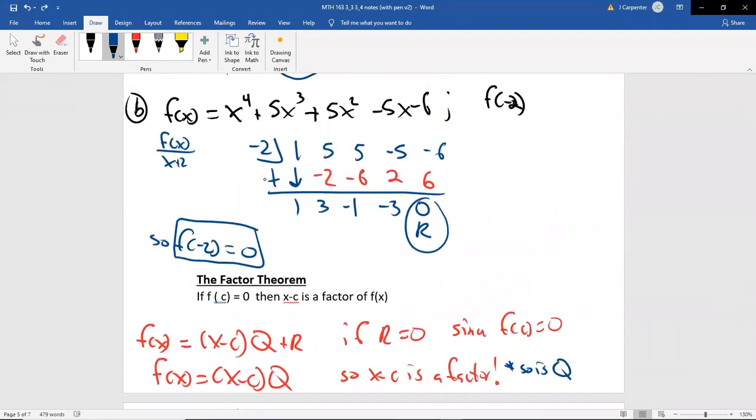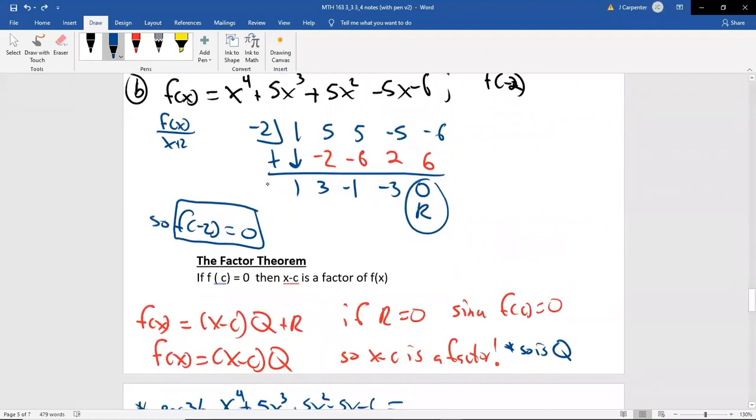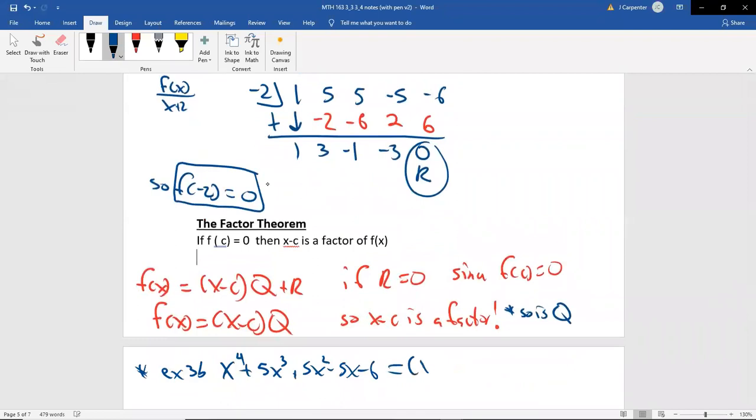We used a -2, which meant that the division was x plus 2. That's also the factor. And then the quotient was here from right to left. That was the constant, the coefficient of x, x squared, and x cubed. So it would be 1x to the 3rd plus 3x to the 2nd minus 1x minus 3.